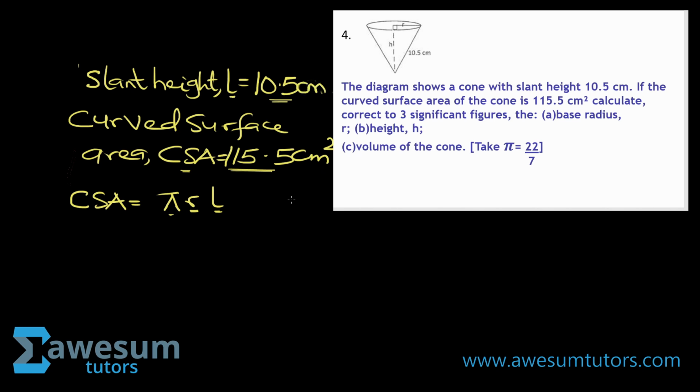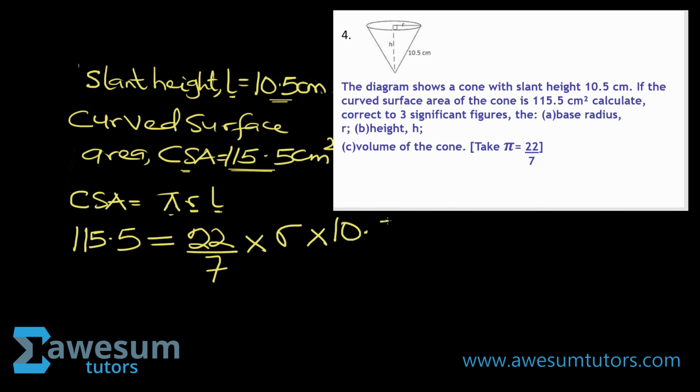Now what is the curved surface area? 115.5 equals pi, which is 22 over 7, times R, that is the radius we are looking for, times L, the slant height, which is 10.5 centimeters.